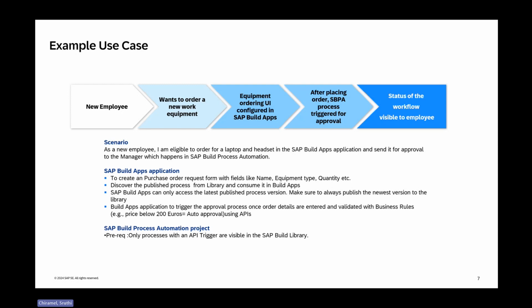And as I mentioned before, the prerequisite really is that only processes with an API trigger will be visible in the SAP Build library. And with that, let us quickly switch our screen and go to the demo system.